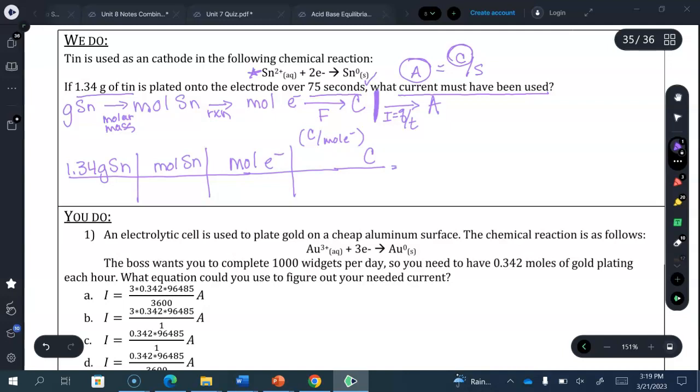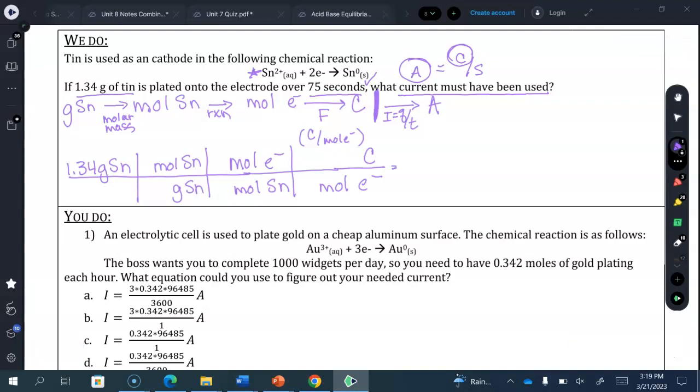Okay, drag diagonal to cancel our units and to help us set up our conversion factor. And now we can plug in our conversion factor. So grams to moles is molar mass. So 1 mole of tin has 118.71 grams. You get that from the periodic table.